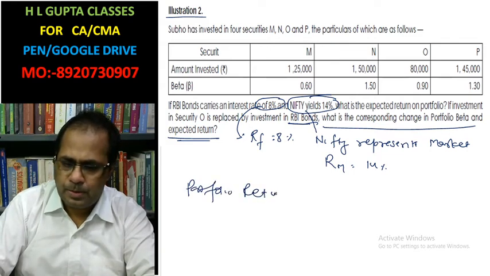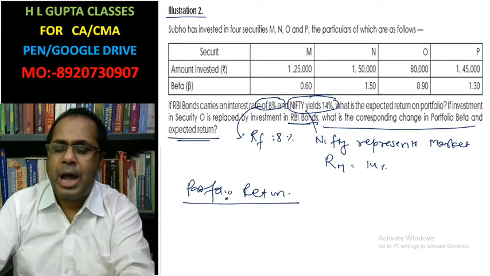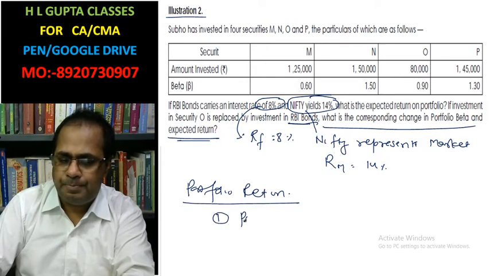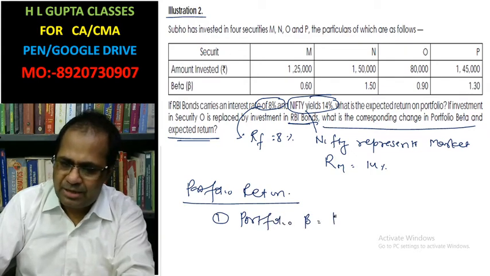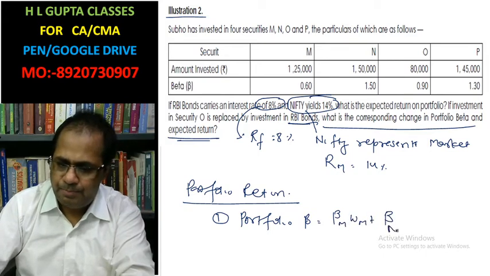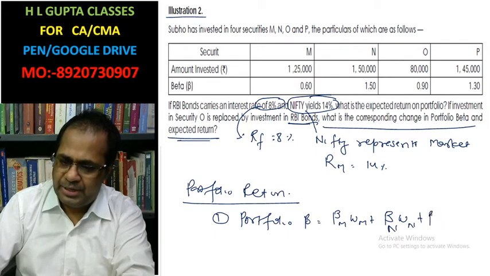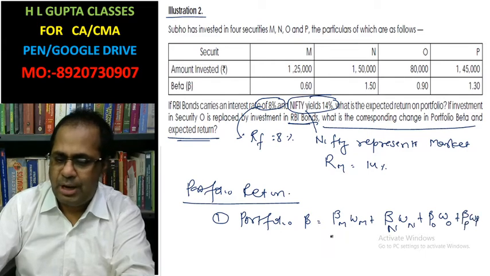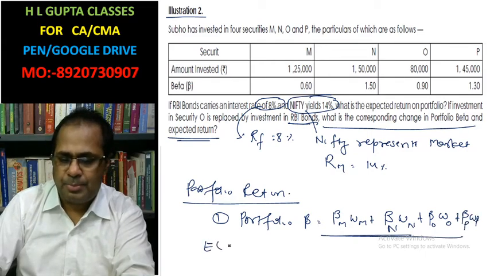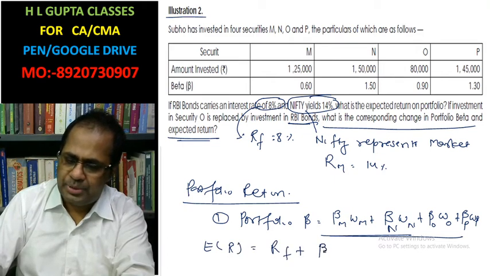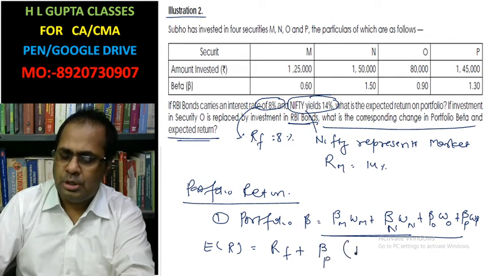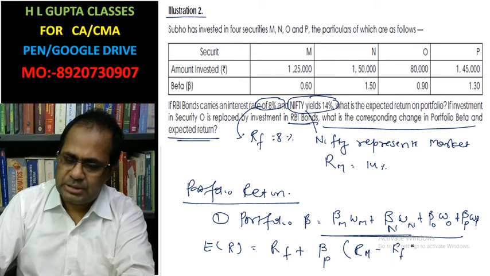For portfolio return, you should have the portfolio beta. Portfolio beta equals beta of security M times weight M, plus beta N times weight N, beta O times weight O, beta P times weight P. You have to calculate this first, and thereafter apply it in the expected return formula: the risk-free return plus portfolio beta times the return on the market portfolio minus the risk-free return.